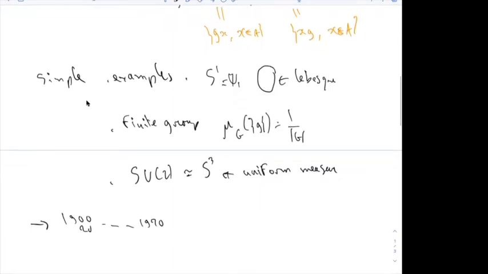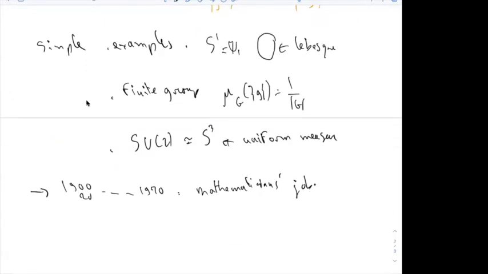And it's maybe a slight overstatement, but I would say that this was mainly a mathematician's job, and the proofs of existence were mostly non-constructive. The simple examples are constructive, but the others were not really constructive.